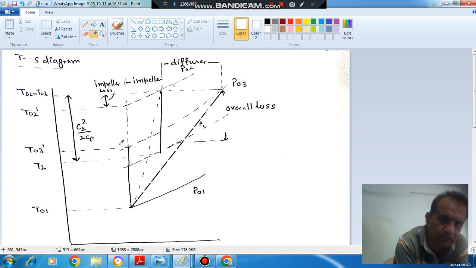So this is the isentropic rise in temperature if the pressure rise is P03 minus P01. So these are the various losses in the centrifugal compressor and the TS diagram of the centrifugal compressor.